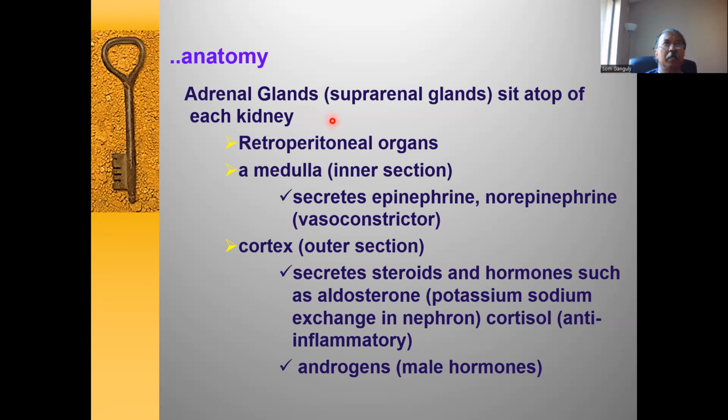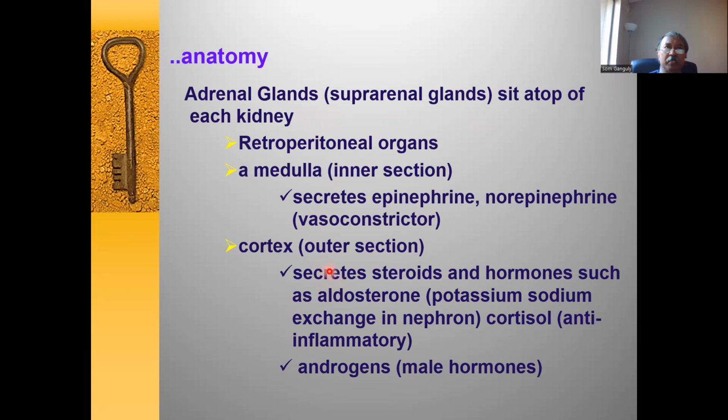anatomical terms. Adrenal glands: it's a gland situated at the top of the kidney. This gland is a major contributor of many hormones to continue our growth process. It is a retroperitoneal organ. The outer section is the cortex and the inner section is the medulla, as I told you.